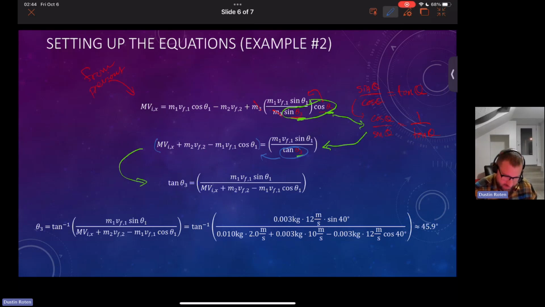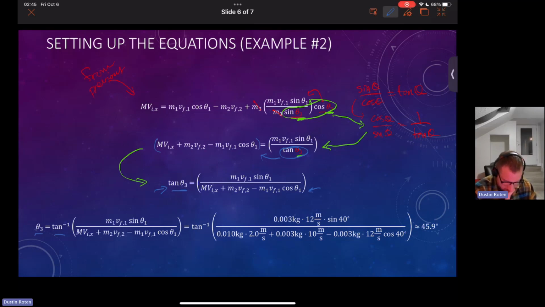So that's how it gets into the denominator here, and that's how my tangent gets over here on the left. Now, because I have a tangent of theta sub 3, all I need to do is isolate theta sub 3, so I can just take the inverse tangent of both sides. Now I'm taking the inverse tangent of this big expression inside the parentheses.